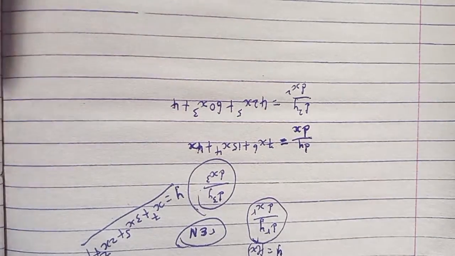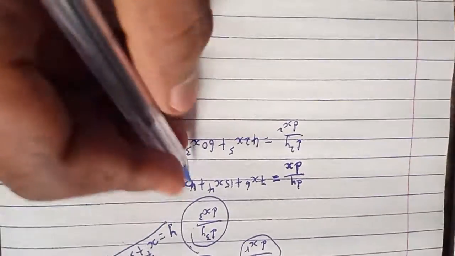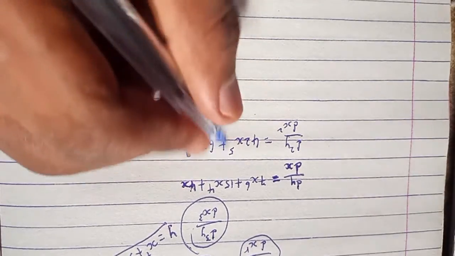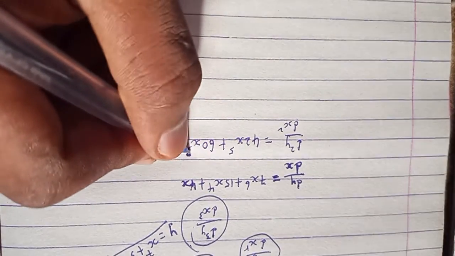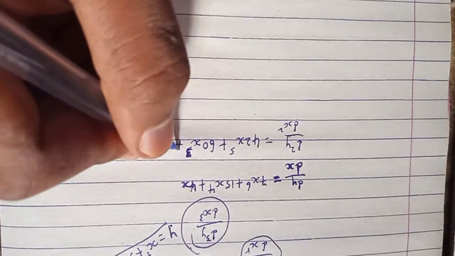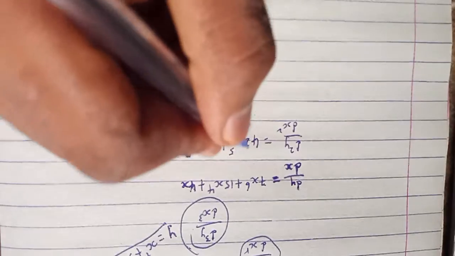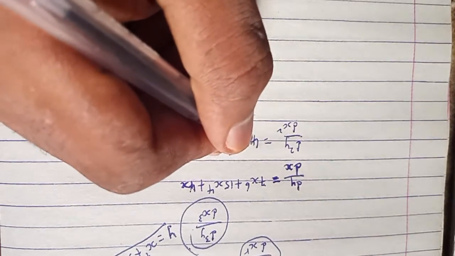As I told you earlier on, if you don't understand why we had this, we differentiated this to get this. But if you still don't understand, go and watch videos about how to differentiate functions before you get this far.